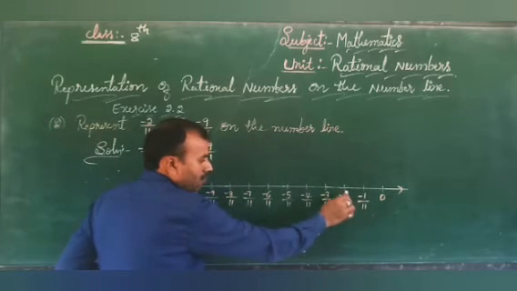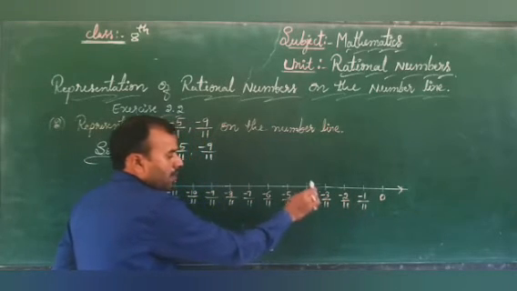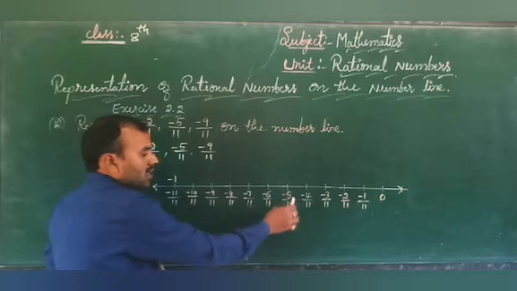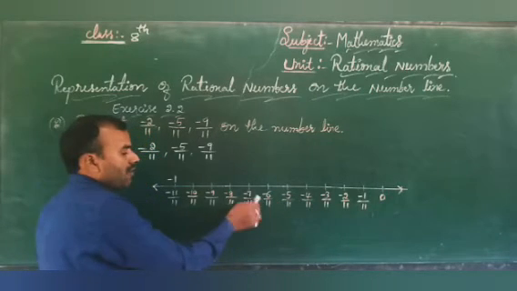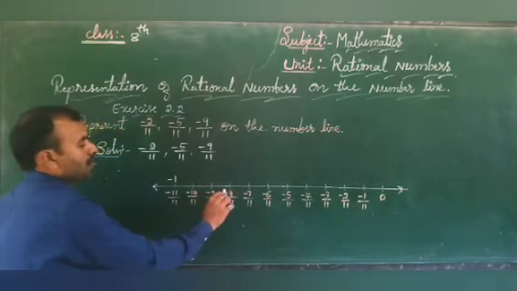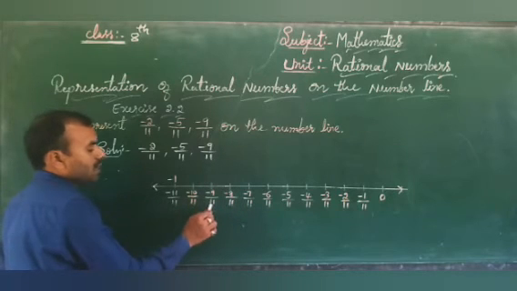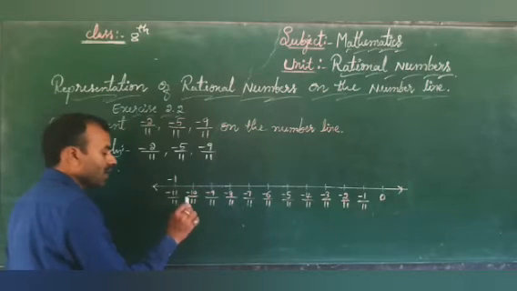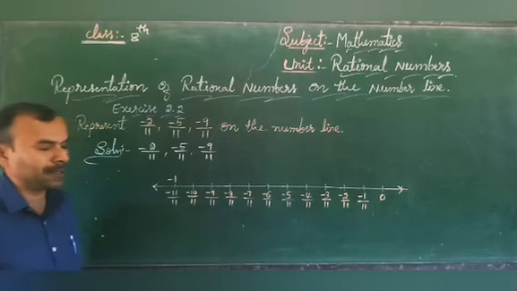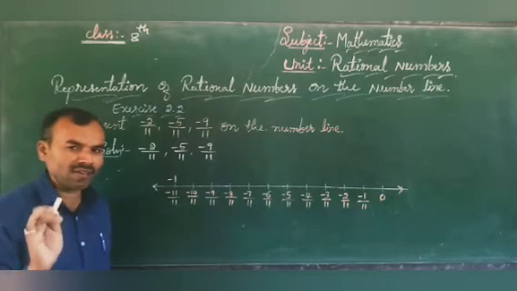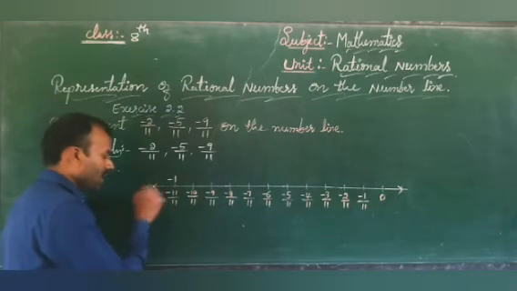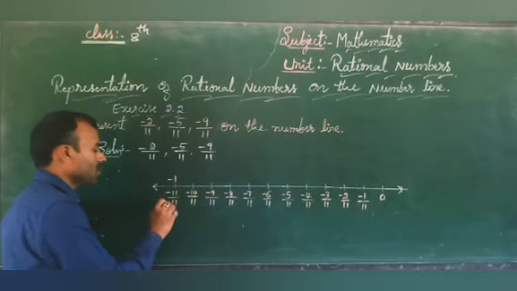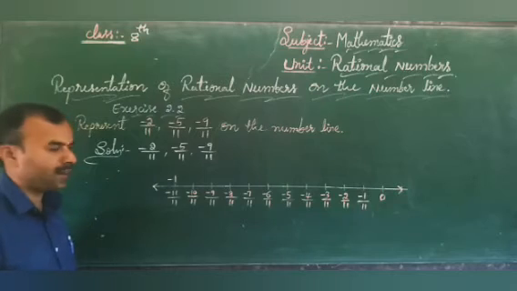Minus 1 by 11, minus 2 by 11, minus 3 by 11, minus 4 by 11, minus 5 by 11, minus 6 by 11, minus 7 by 11, minus 8 by 11, minus 9 by 11, minus 10 by 11, minus 11 by 11. Minus 11 by 11 means 11 gets cancelled. Minus 1 by plus 1, it is minus 1.